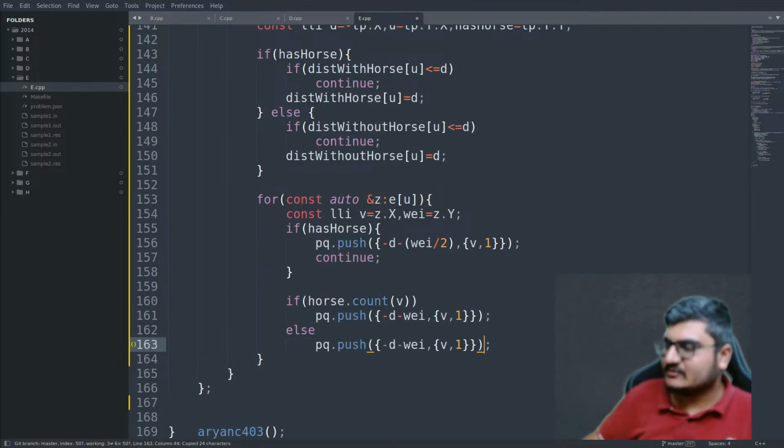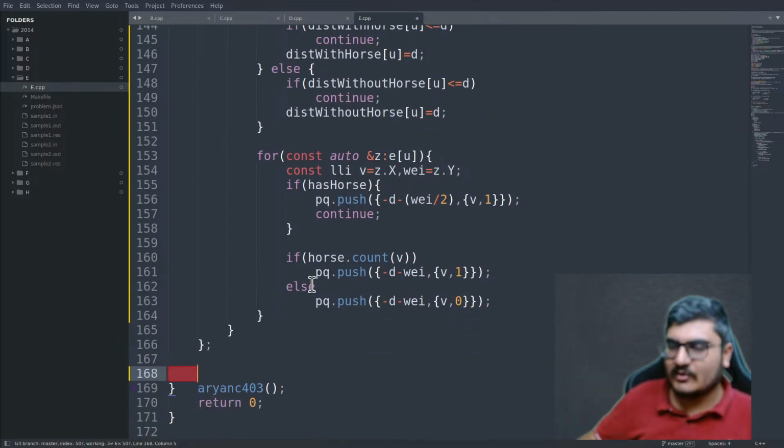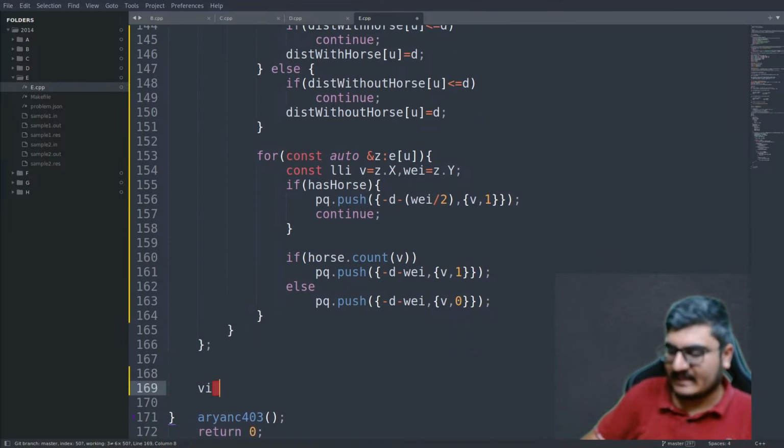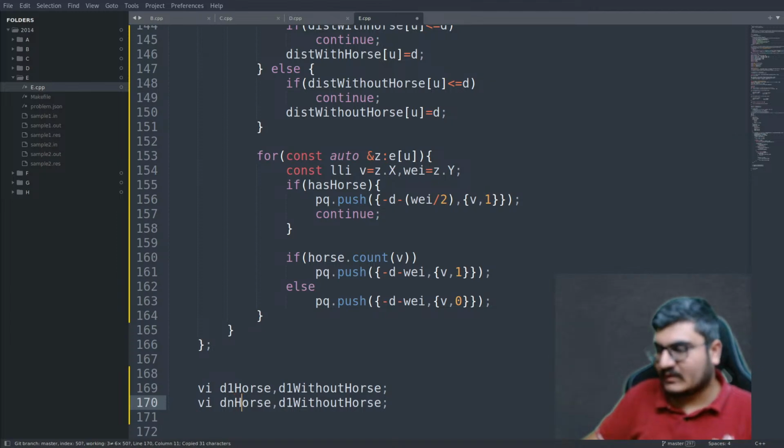And if vertex v does not contain a horse, then we say v does not contain a horse. Now we should run this from both vertex 0 and n: D1 with horse, D1 without horse, Dn with horse and Dn without horse.